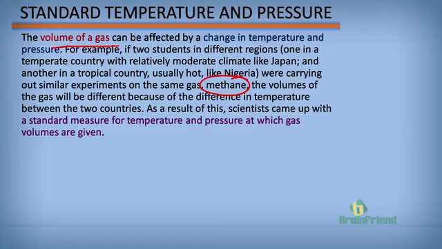Because of these differences that may arise due to the environment in which an experiment is carried out, they said, instead of having those differences, let's have a standard at which we can measure these volumes so that we will not have confusion in measurements.